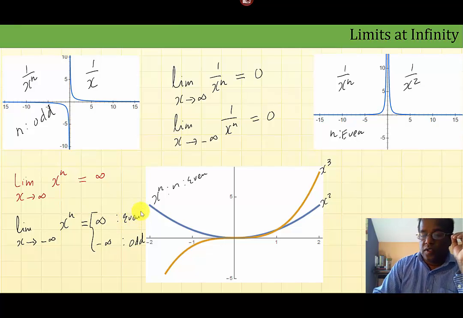So we're going to use these basic rules when we want to find the limits of polynomial functions, rational functions, and functions involving square root.